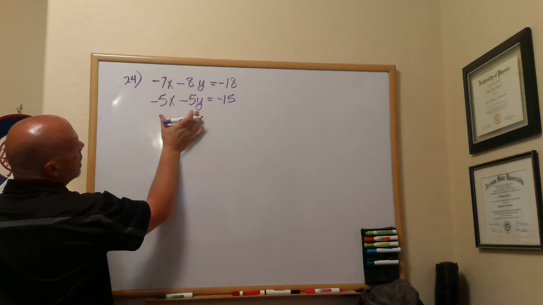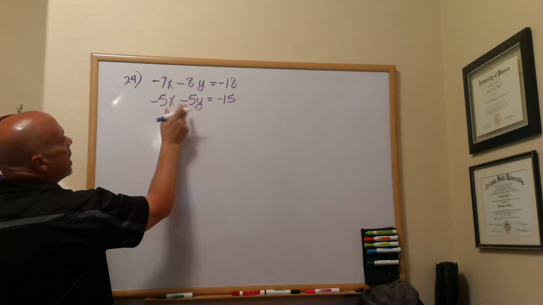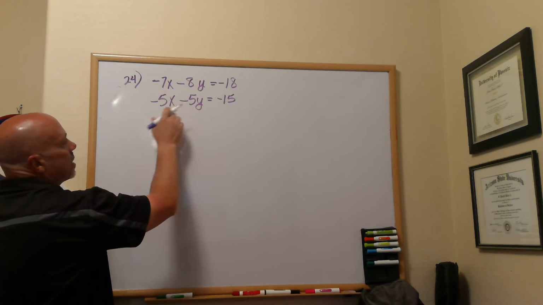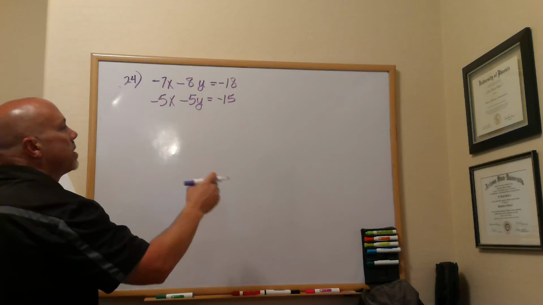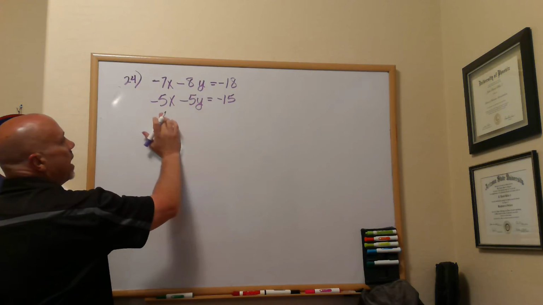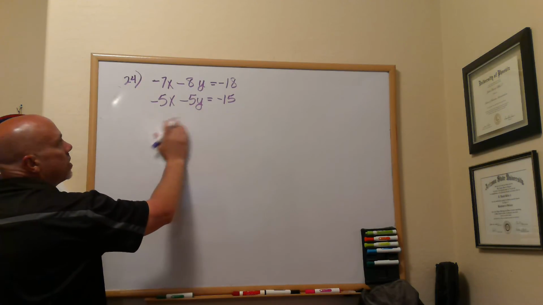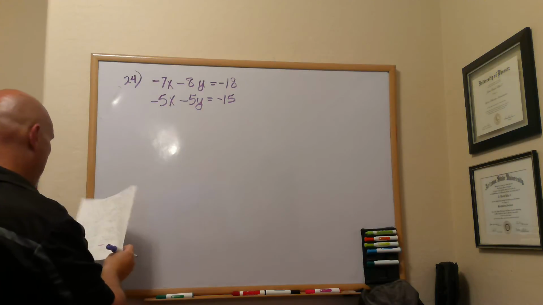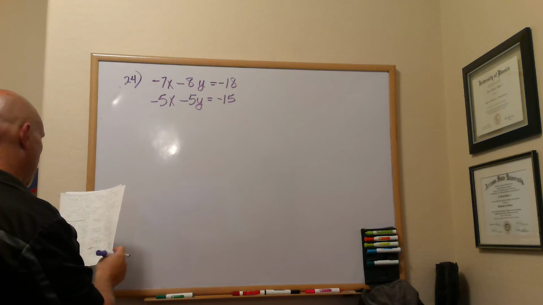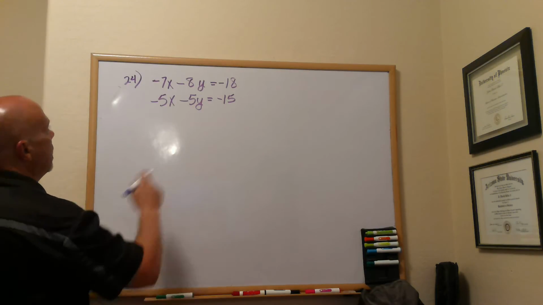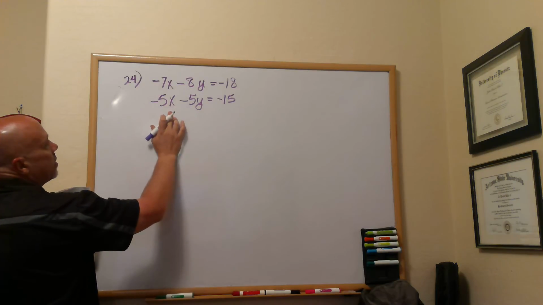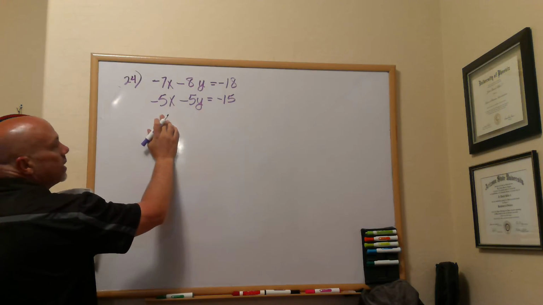So I can choose at this point because as I've just gone through that process, I've realized that I can create opposites in the same amount of steps for my y value as I will for my x. So it's just a matter of choice at this point. And looking back at my notes, it looks like on the answer key, I went ahead and tried to eliminate my x values first.